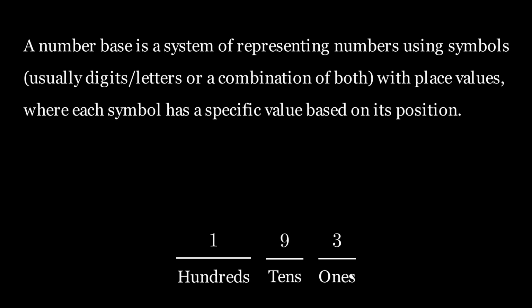So the digits are the symbols we can use and the slots are more like the place values. The definition also tells us that each symbol represents a specific value based on its position, which you can see for the number 193, where 1 represents 100, 9 represents 9 tens, meaning 90, and 3 represents 3 ones.